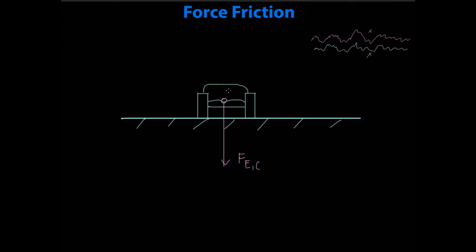And the couch is not going anywhere, so we're also going to have force normal on couch. Let's say, we'll make it easy, couch weighs 100 newtons, which means force normal is 100 newtons because there's no acceleration up or down. And we'll say you are here trying to move the couch. So you are pushing the couch to the right.